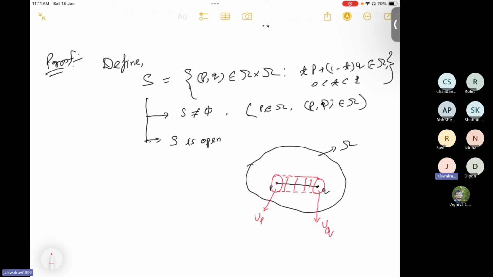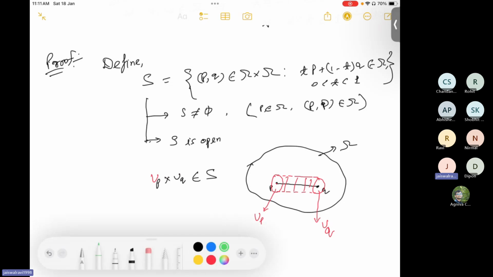So here we can easily see that U p cross U q is also in S, because if you take any point in U p and any point in U q and join the line, it will be inside this cylinder, and the cylinder is contained in omega. So we get U p cross U q is in S, which will imply S is open.